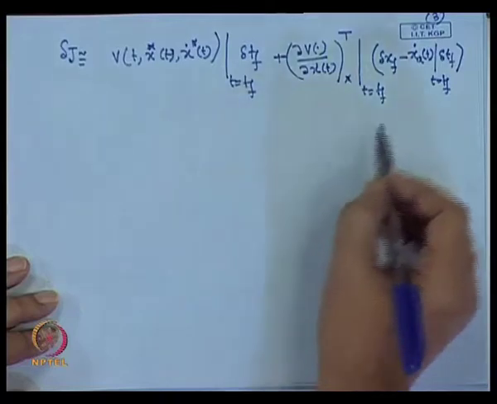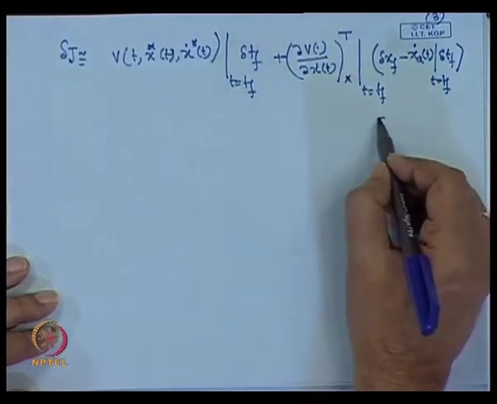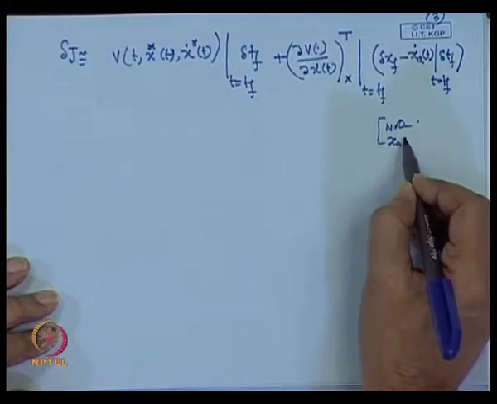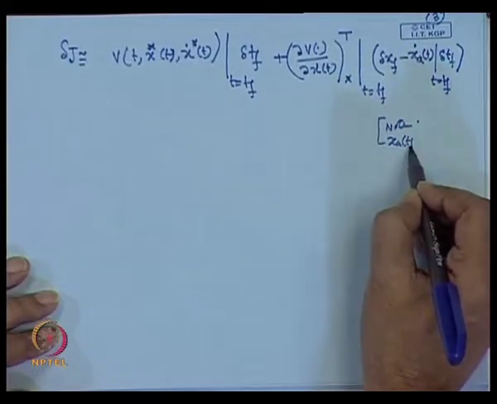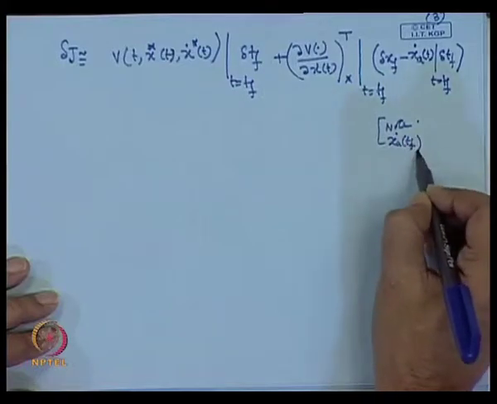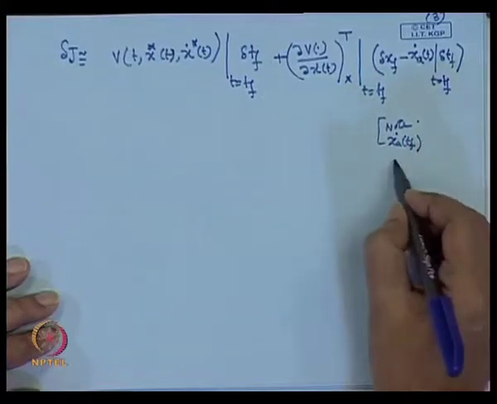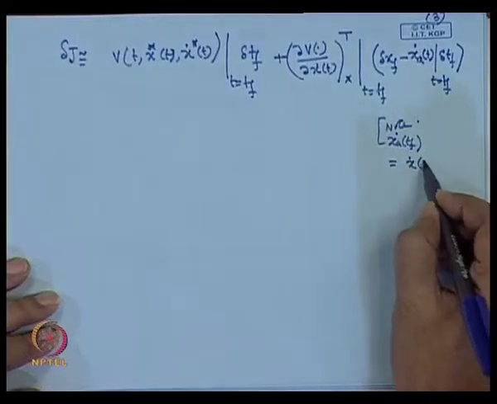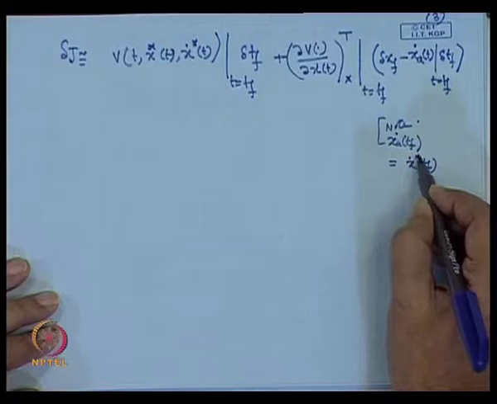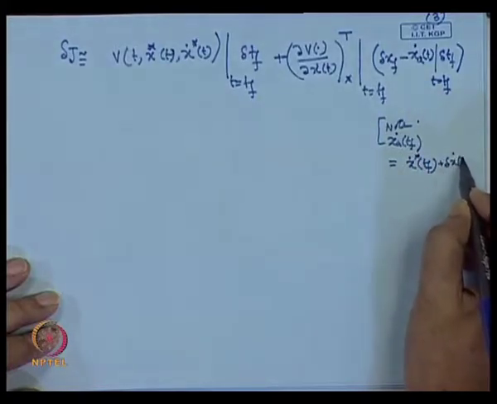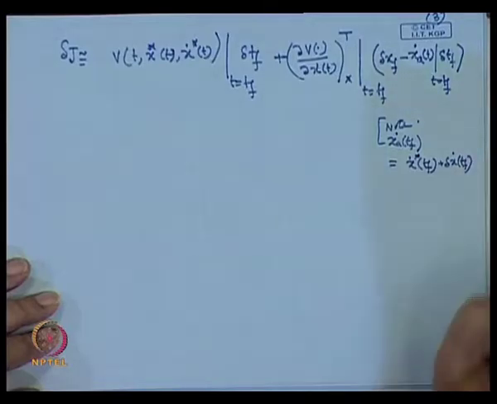Now just note what x dot(T_f) is: it is x dot star(T_f) plus delta x dot(T_f).